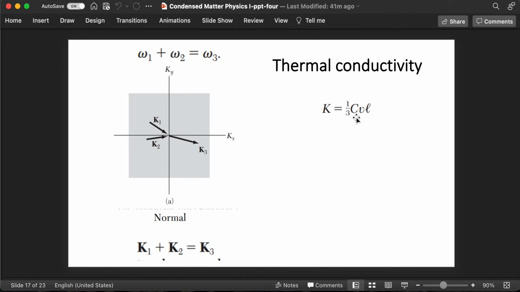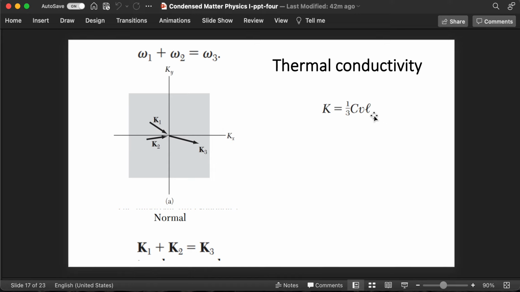It's just 1/3 the specific heat times the velocity times the mean free path. Now what is the mean free path that I should put here? The mean free path obviously means there is some scattering mechanism. What is that scattering mechanism that contributes to the mean free path is the question that we need to answer.